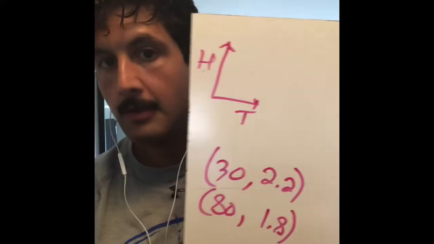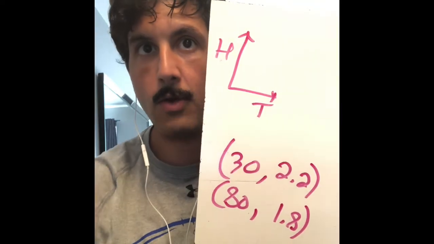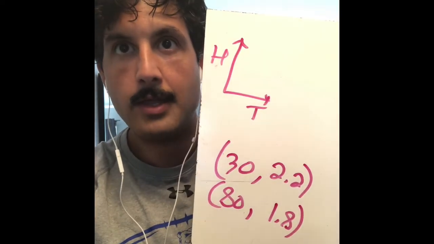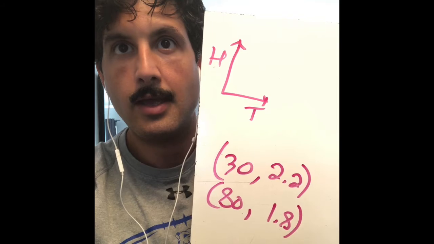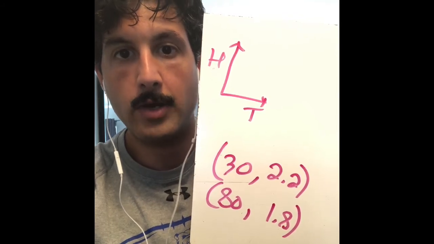And then 80 minutes, the height is 1.8. So I've made my two values that the question gave me. So we had at 30 minutes, 2.2 meters, and at 80 minutes, 1.8 meters.